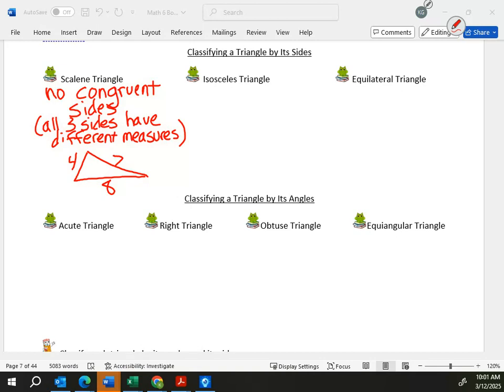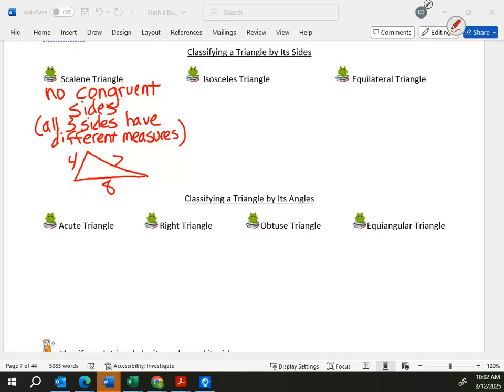Next up, we have an isosceles triangle. What is an isosceles triangle? Adeline? Sophie? Two sides are, what's the mathy word we're going to use?